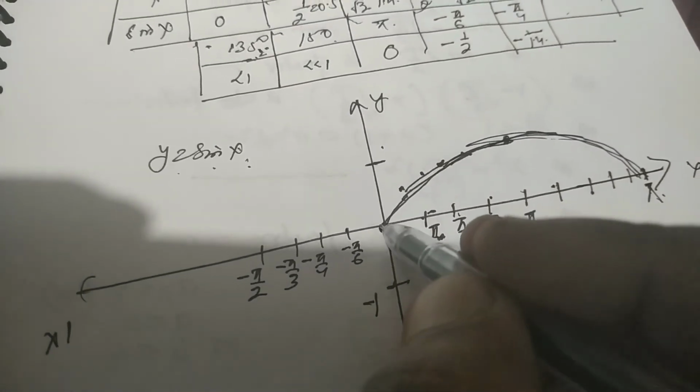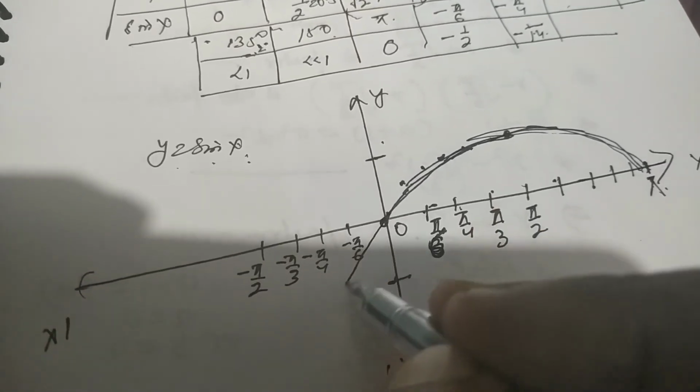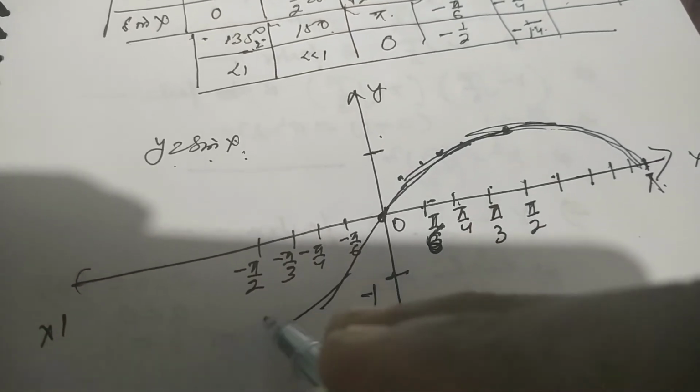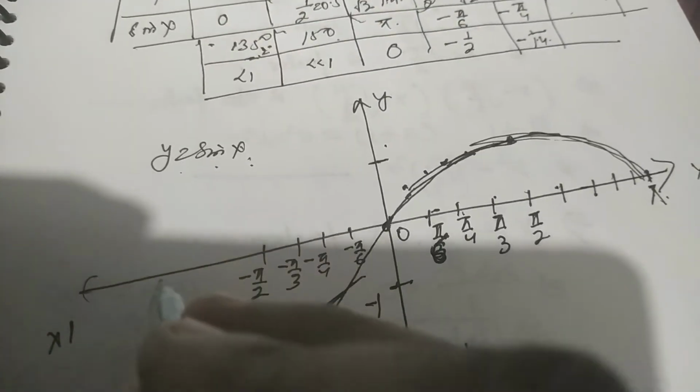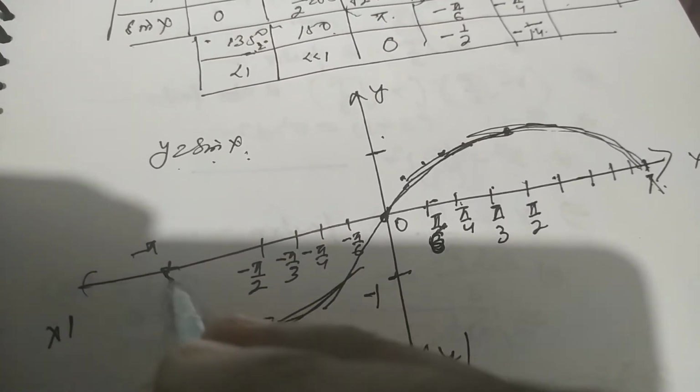At minus π by 2 it will be minus 1, and at minus π it will be 0. So the graph will be like this.